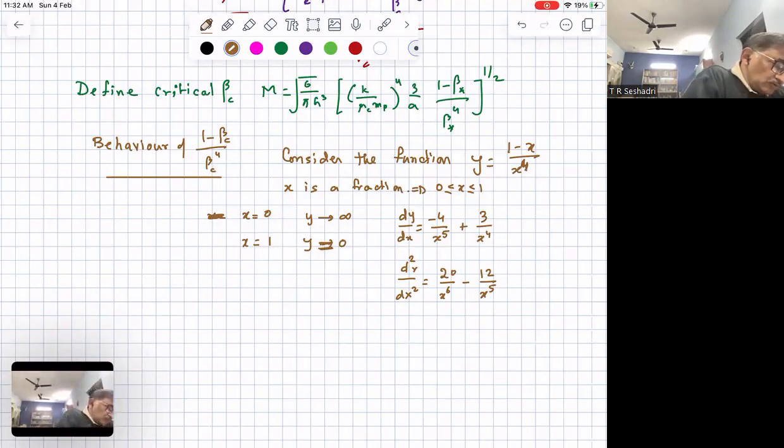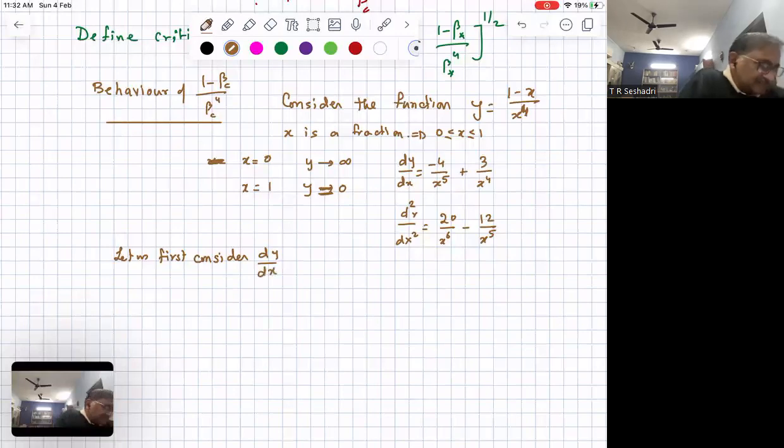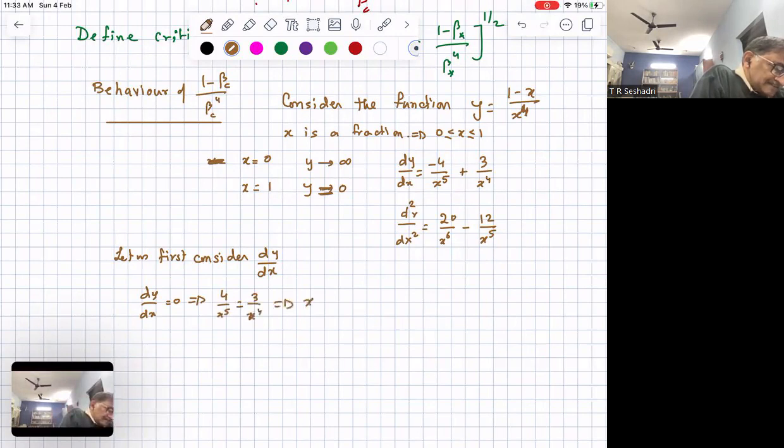First of all, I want to know, is there, so let us first consider dy/dx. Suppose we make it 0, that will imply 4/x^5 equal to 3/x^4, which implies x equal to 4/3. Is it okay?